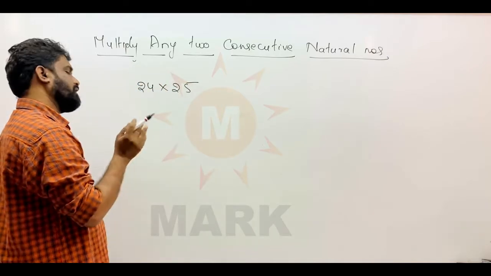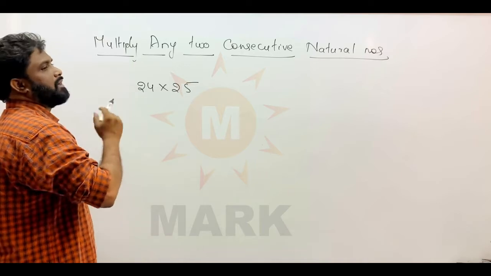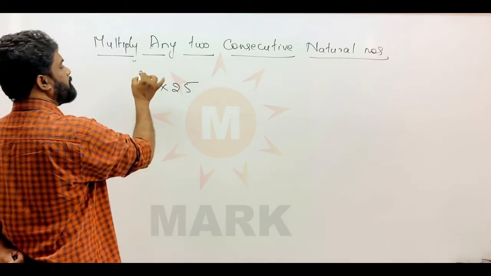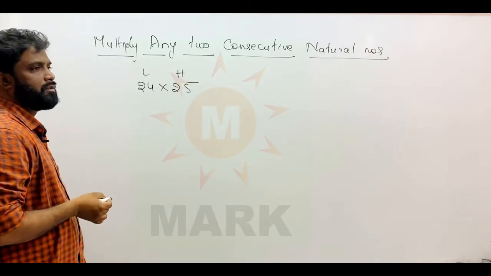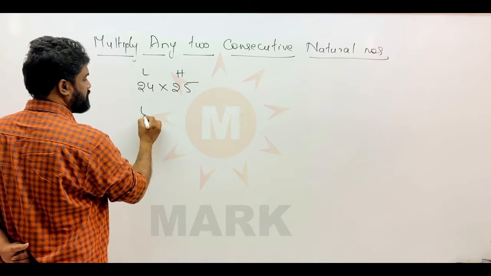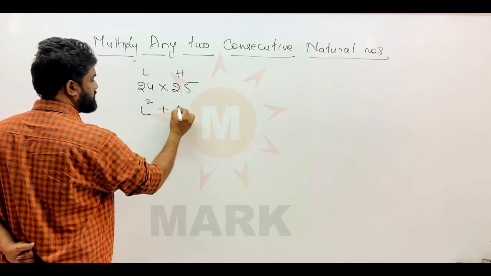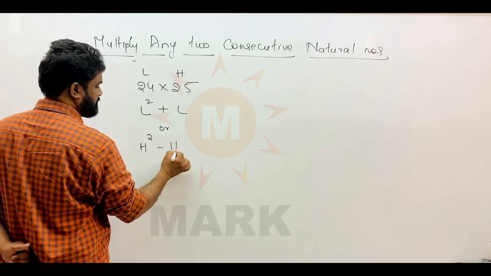Definitely, I agree that one number will be an even number and the other will be an odd number, but as far as the value is concerned, one number will be the least number and the other will be the highest number. There are two ways of solving these kinds of multiplications. Either you can do least number square plus least number, or highest number square minus highest number.